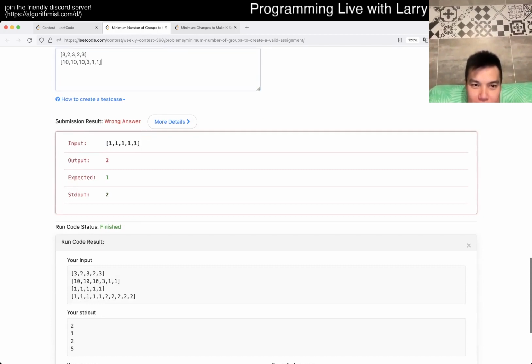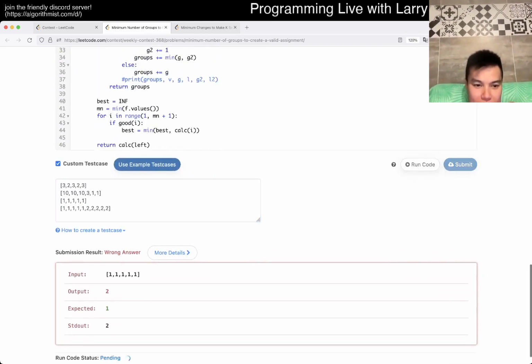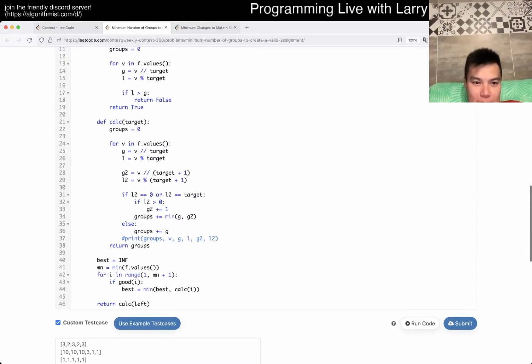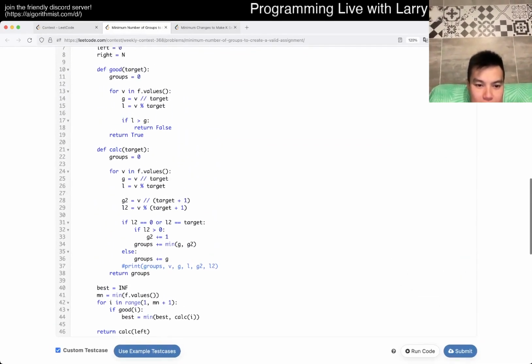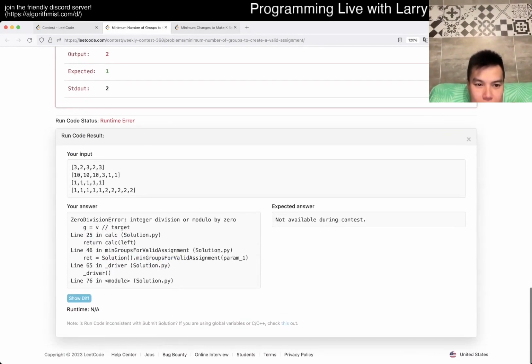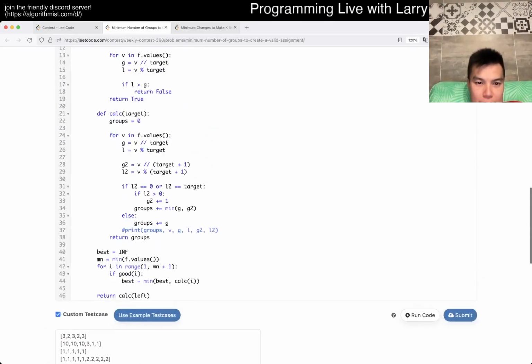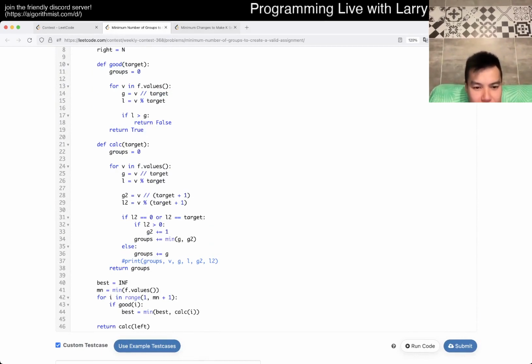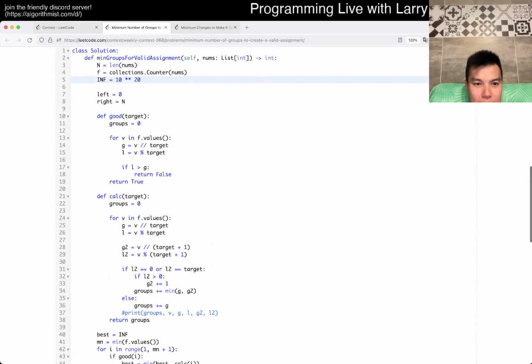Oh no, it's just this one, so I guess that's fine. Oh, yeah, okay. I mean, it's just whether it's fast enough, right? Or, you know, not divided by 0. What is target? Oh. What? Target is 0? Why would target be 0?